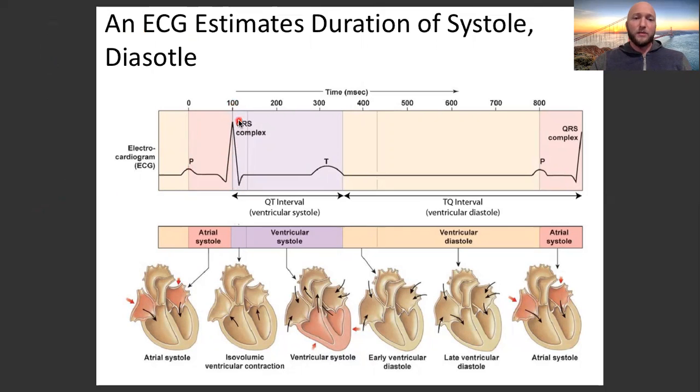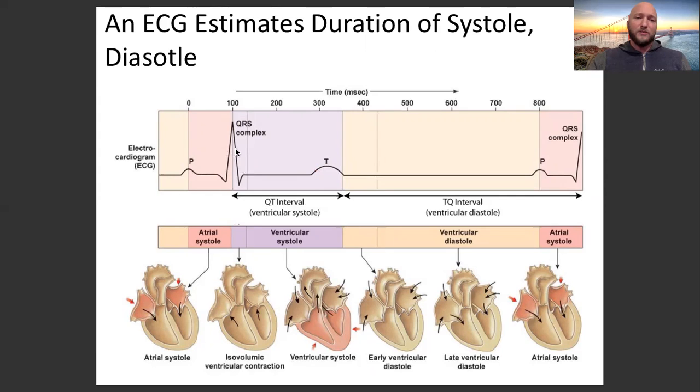At the QRS complex also, we have ventricular contraction. Ventricular contraction continues until the T wave. We then have diastole throughout both chambers in this section right here.